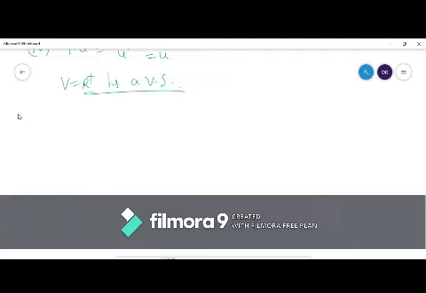Next example is, if V is equal to x1, x2, x3 and x4, where x1, the first particular element, is equal to 0 and xi's are real numbers, then this V is a vector space.